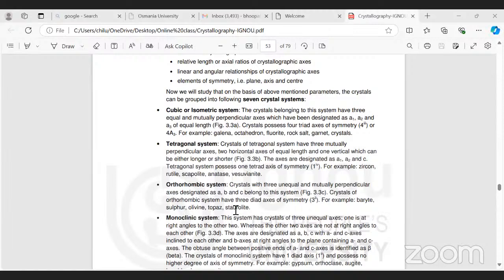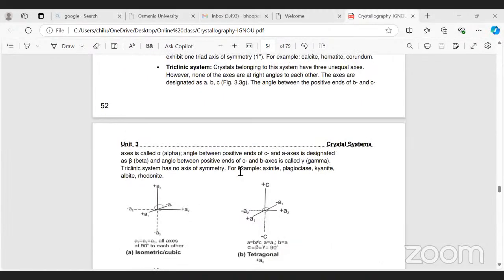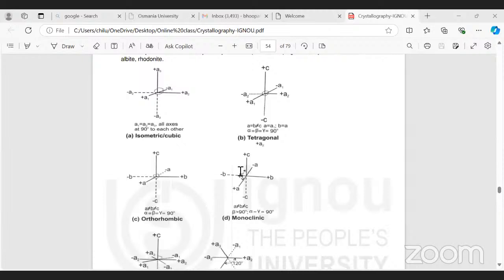The third one is the orthorhombic system. Here also almost all the crystallographic axes have different lengths. These three, A, B, C, have different lengths.